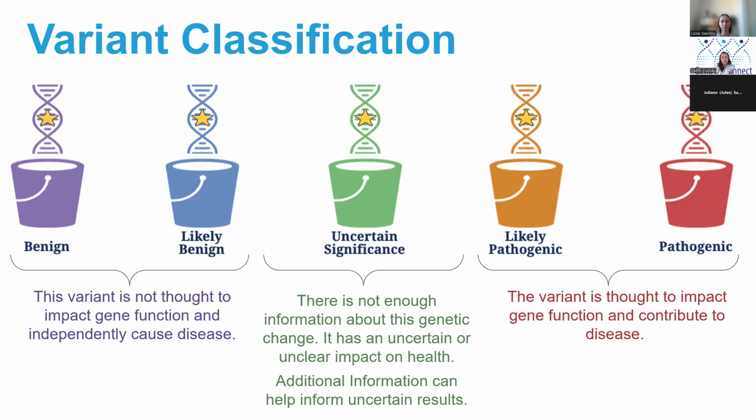In 2015, the American College of Medical Genetics and Genomics and the Association for Molecular Pathology published guidelines on how to classify what we would call sequence variants, these specific changes in the gene.